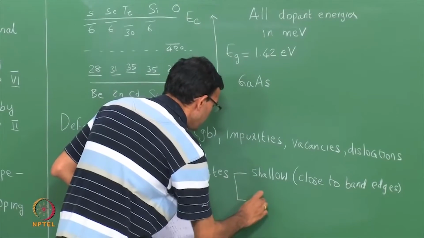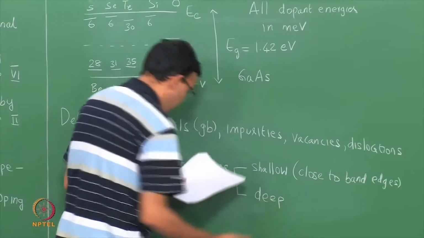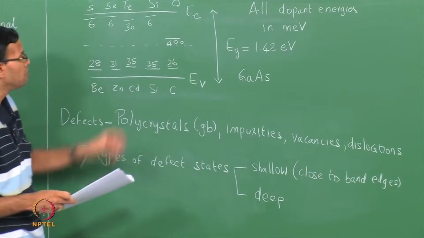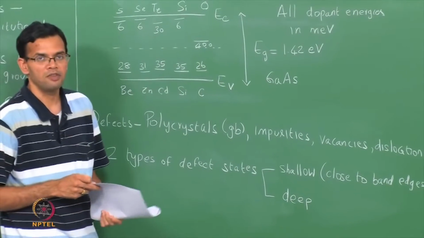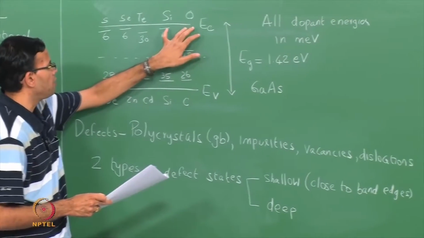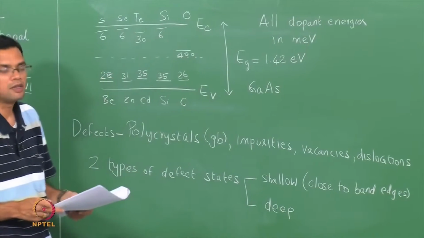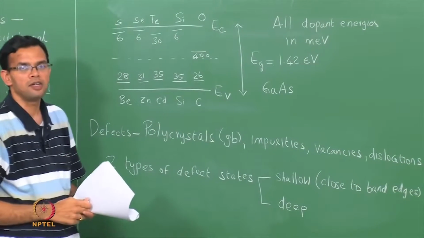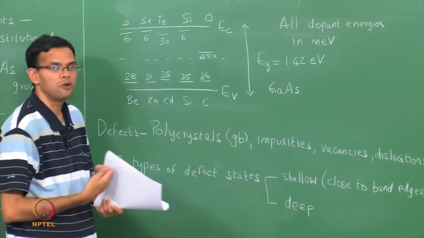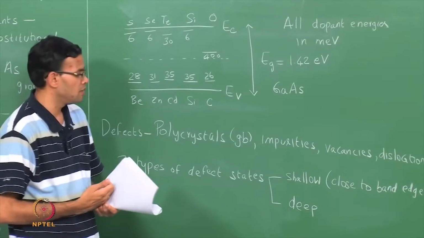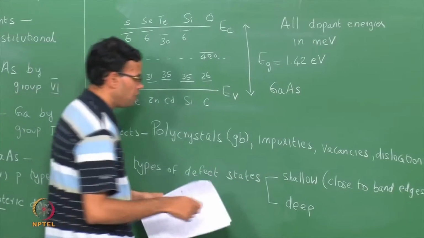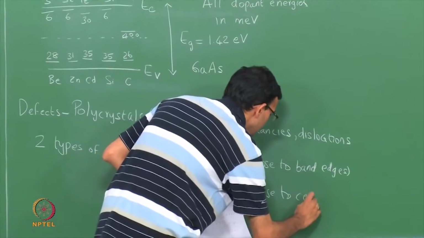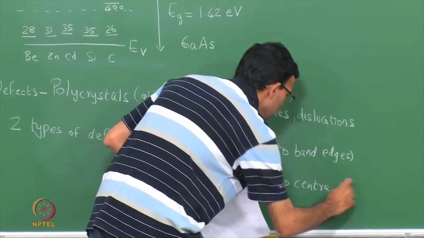The other type of defect states, as opposed to shallow states, are deep states. Deep states are states that are located much closer to the middle of the band gap, or they are located far away from the valence band and the conduction band. In this particular case you have oxygen that is located approximately 400 milli electron volts, or 0.4 electron volts, below the conduction band. So, deep states are located close to the center of the band gap.